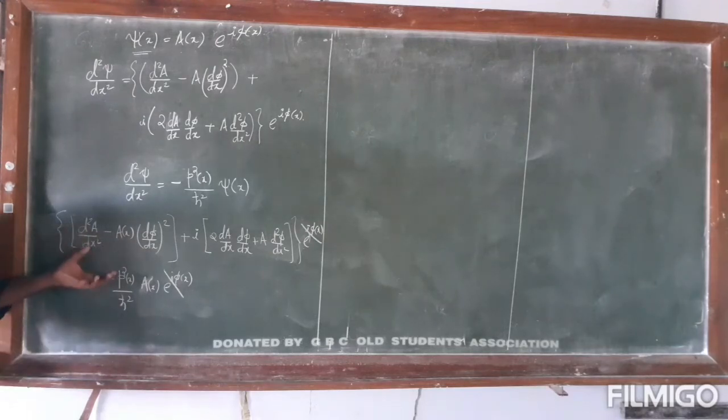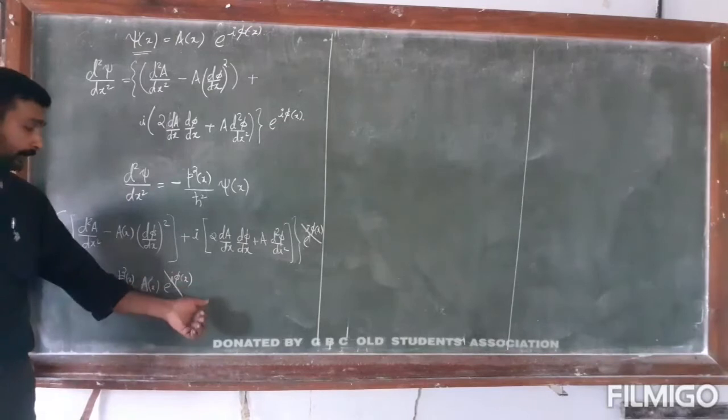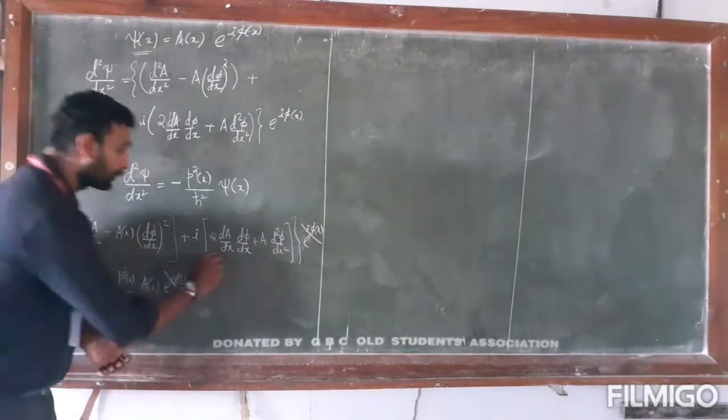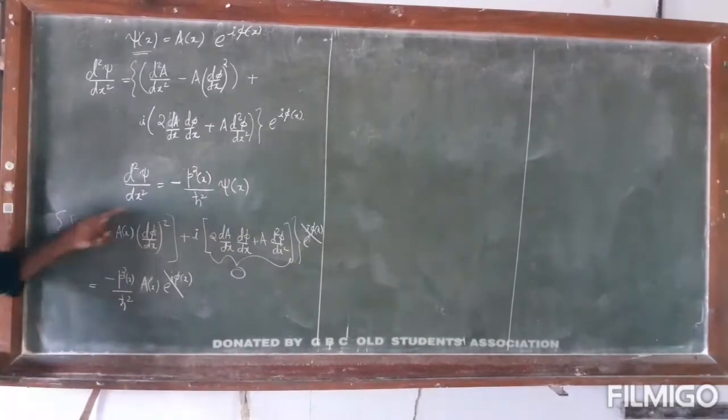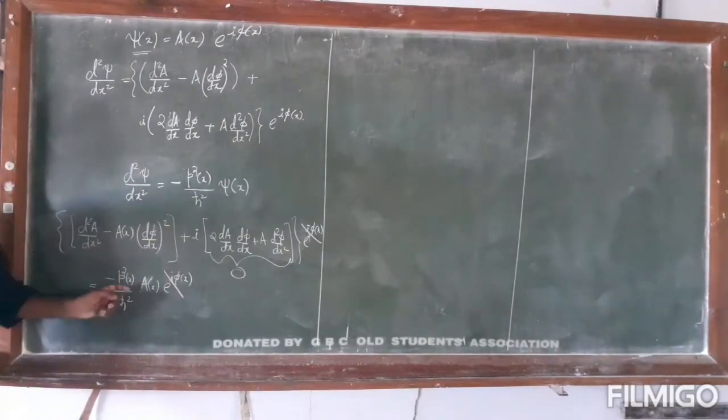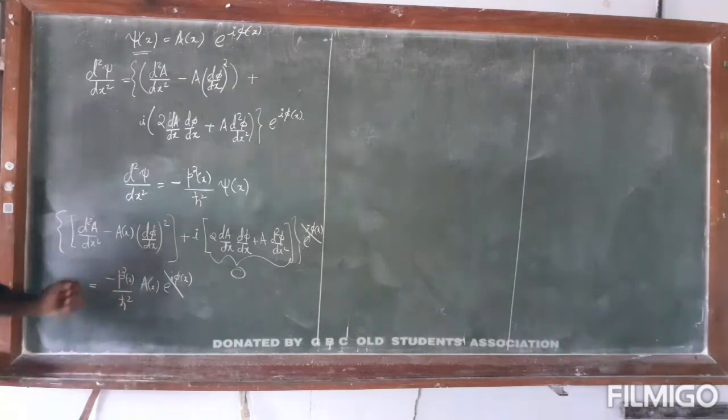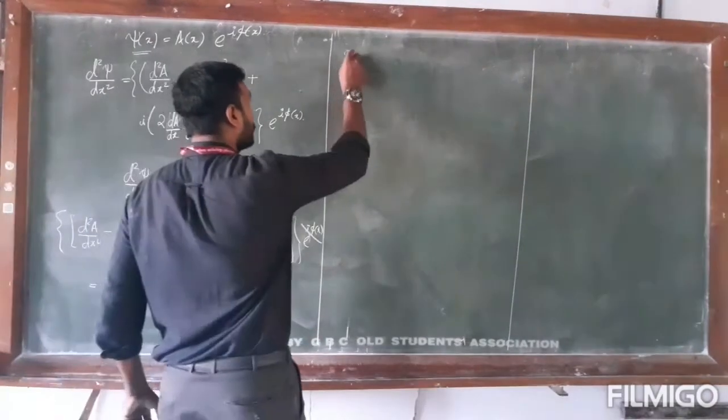Okay, now this equation can be divided into two parts because we have a real part and an imaginary part. The real part and the imaginary part must separately be equal, but there is no imaginary part on the right side. So therefore this imaginary term must be 0 separately, and this term must be equal to minus p squared of x by h cross squared. Now I can equate the real part and imaginary part.